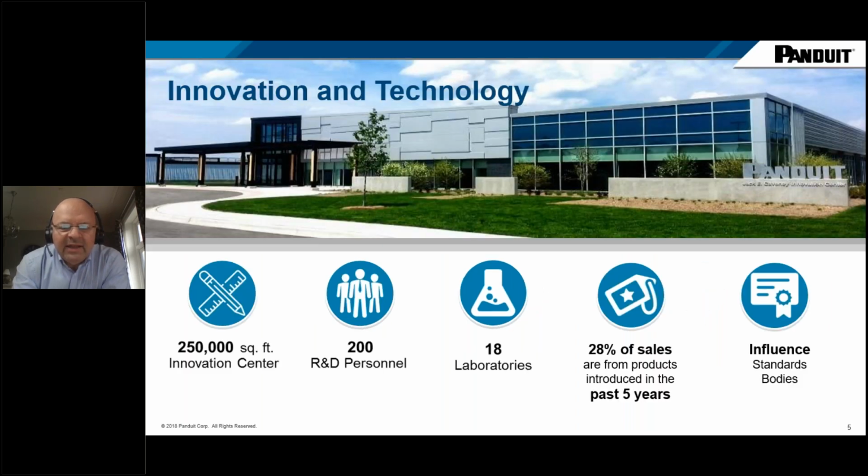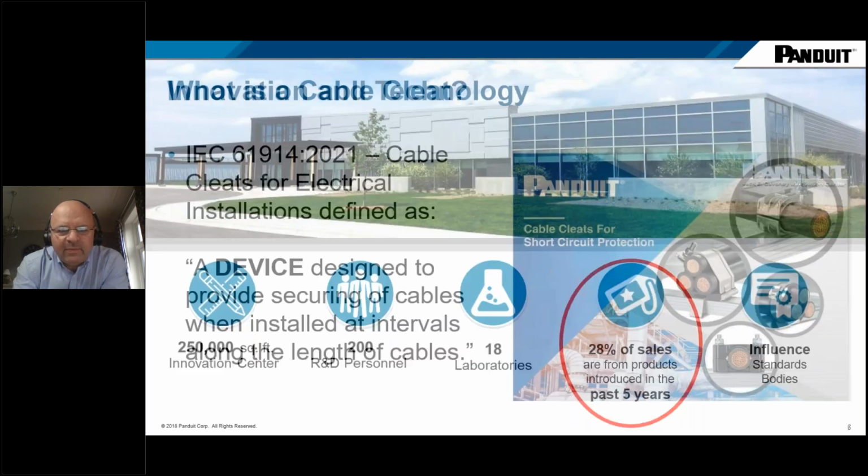To give you an idea, this is Panduit's research and development department in the United States, and the reason that we spend so much time and money on innovation and invention is because more than a quarter of our sales come from products we deem to be new products. That's products that have been introduced in the last 5 years.